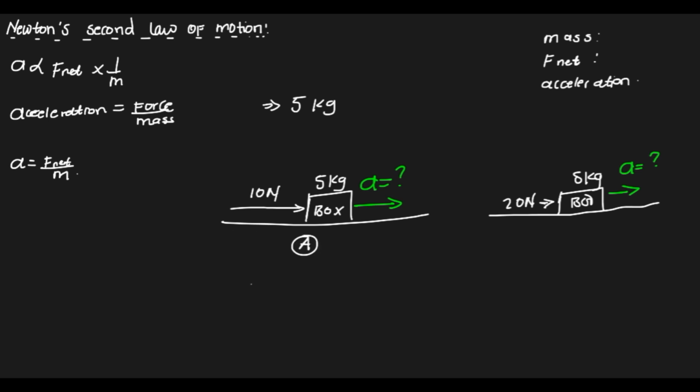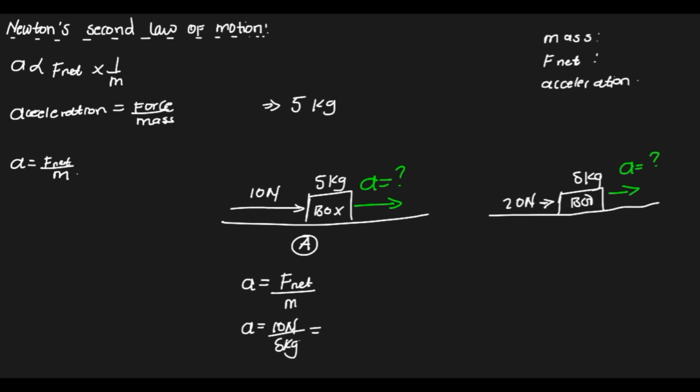So we can see that the acceleration is equal to net force divided by the mass. For the net force, we are just going to use the 10 newtons since we are assuming that the surface is frictionless. So we put 10 divided by the 5 kg.